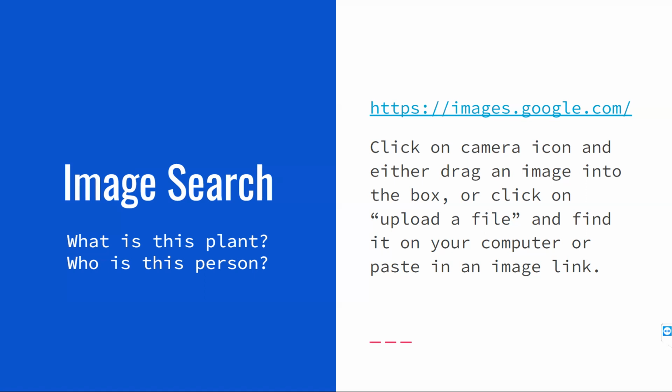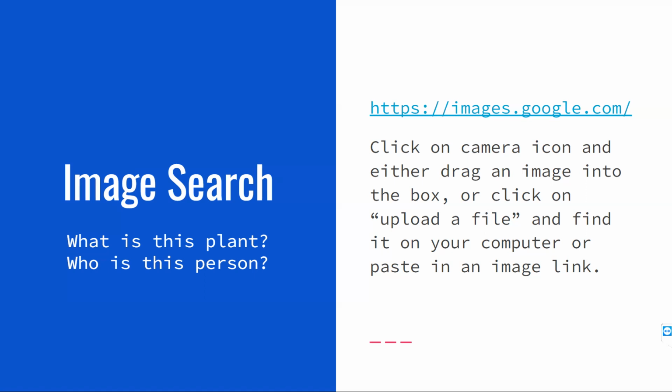If you are my age or older, which I imagine we all are, it's kind of useful for finding a product, or for example, if you're into birds or plants, you can take an image that you have taken, put it into Google search, and Google search will find things that are similar to it.